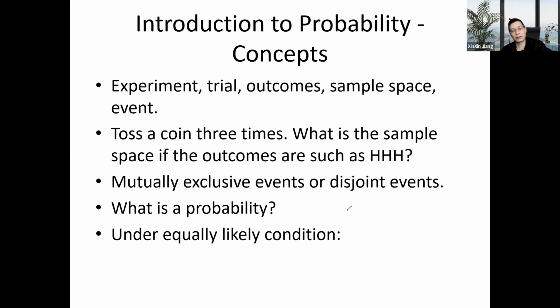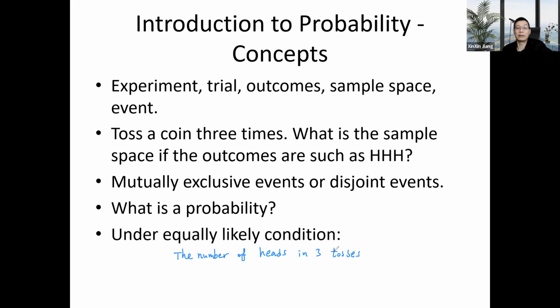This condition, we need to be very careful. We usually add it onto the sample space. It's not always assumed. For example, you toss a coin 3 times, and we consider the number of heads in 3 tosses.